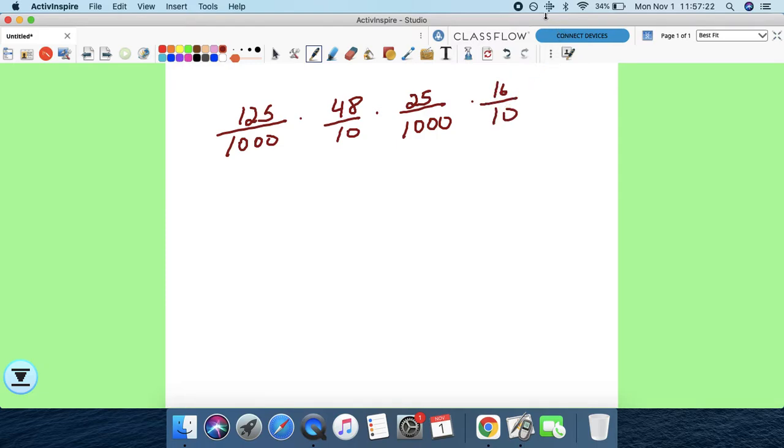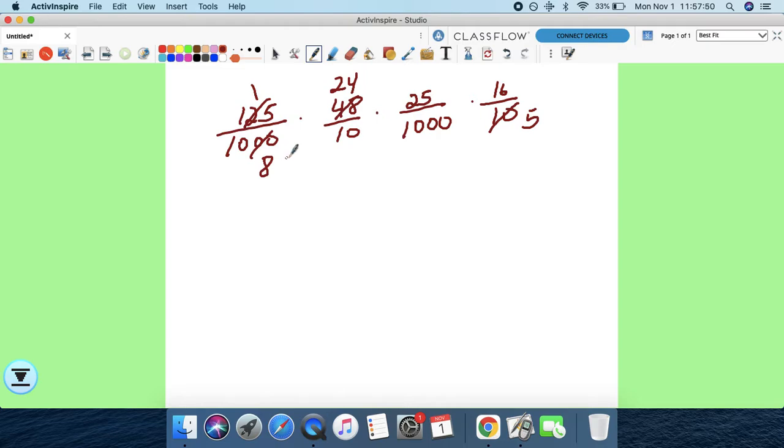Let's see if we can simplify a bunch of things here. Divided by 2 is 5. Divided by 125... okay, sorry. Let me take that back. No, divided by 5. But divided by 2, sorry. Divided by 2 is 5. Divided by 2, this is 24. Divided by 125 is 1, and 1,000 divided by 125 is 8.